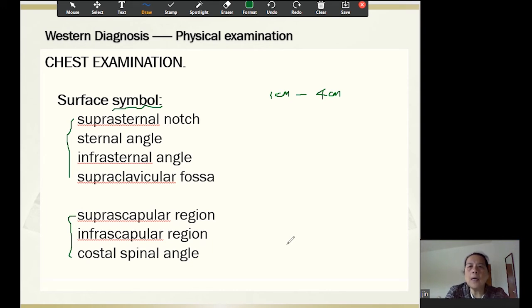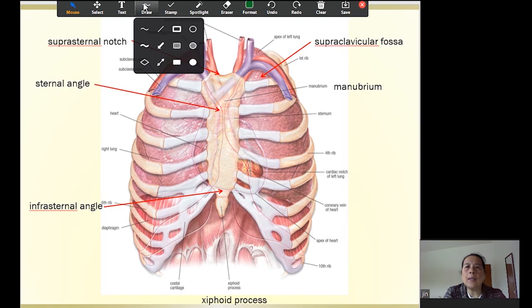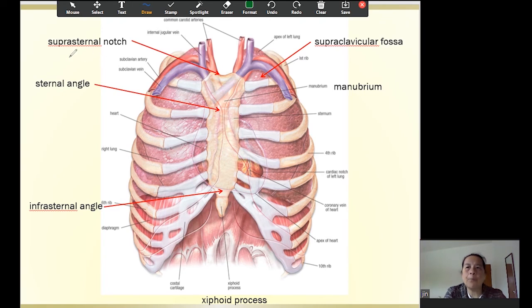We couldn't only say just in the chest, that's hard to find. So basically, anatomy superficial symbols are just easier for us to record. So we have some commonly used anatomy words here.